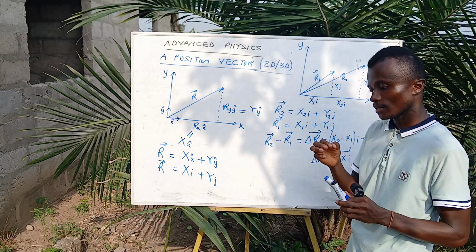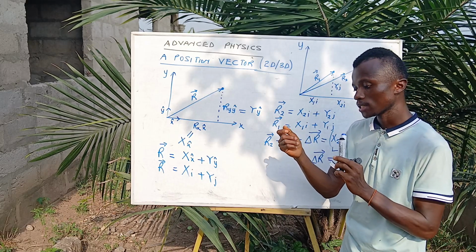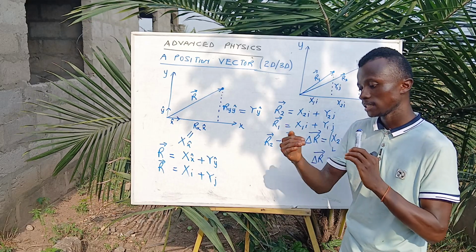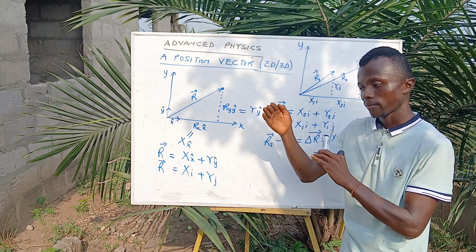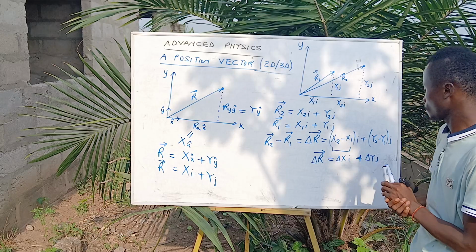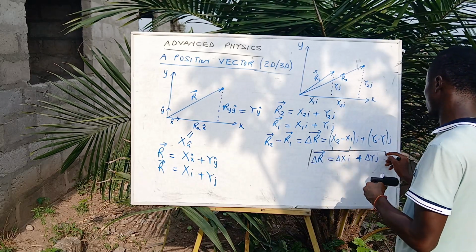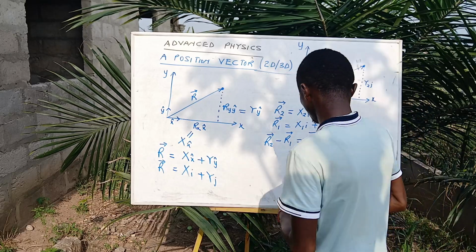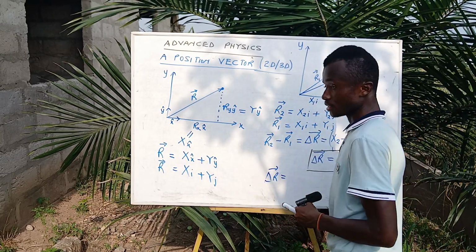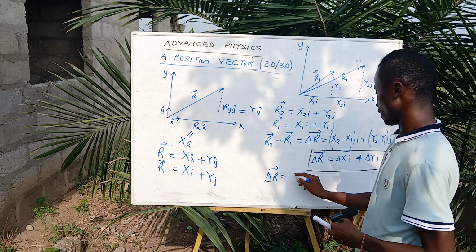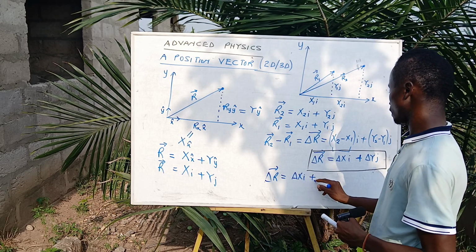So the beauty is the change in position is a vector, and it is equal to the magnitude of the change in the x direction, i, plus the magnitude in the y direction, j. And let me unbox this. So delta r, the change in the position function, which is a vector now, is delta x i plus delta y j.